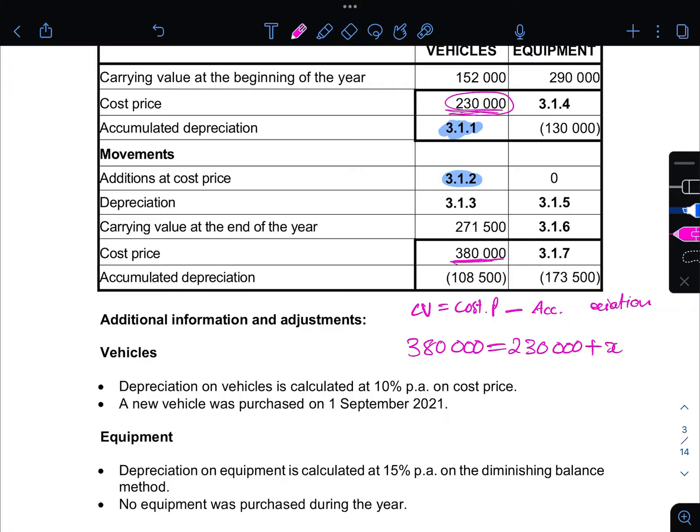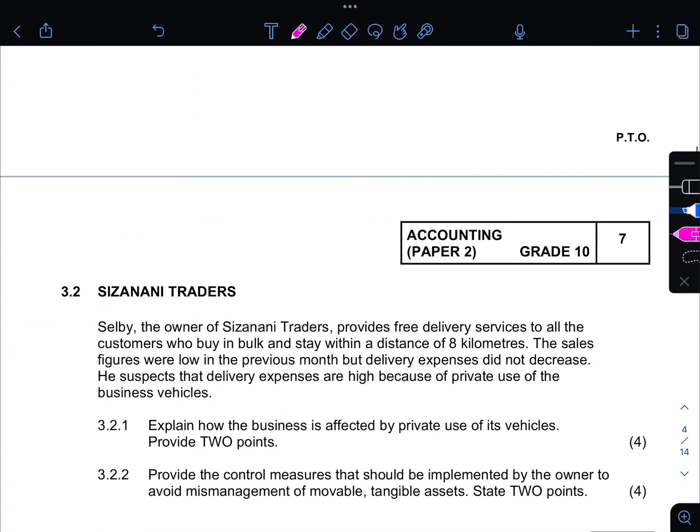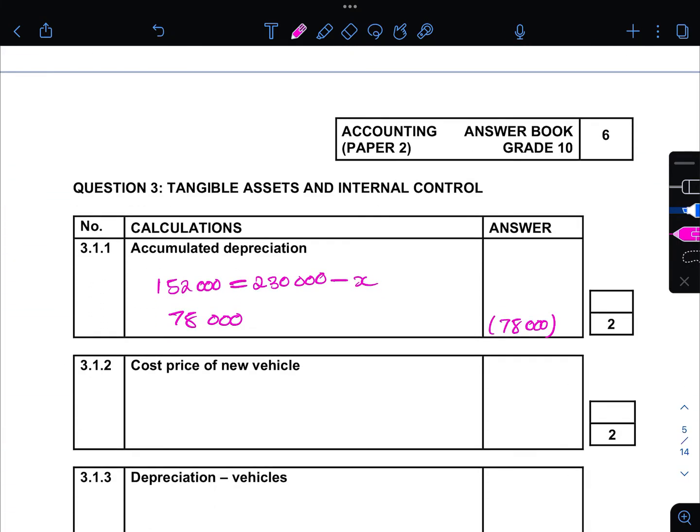We solve for x again: 380,000 minus 230,000, which gives you 150,000. So your answer is 150,000.